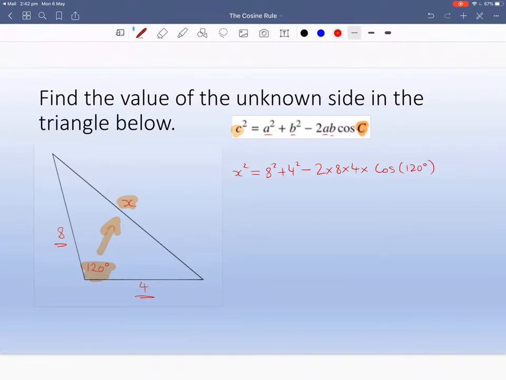Now, because I want an exact value, I know that I'm going to have to square root. So I'm just going to go x equals square root of everything inside. That's the way I would work it out. And that way our calculator will give us a pretty good approximation.